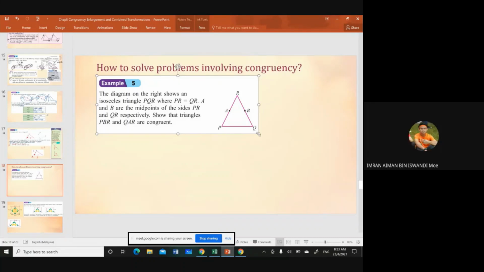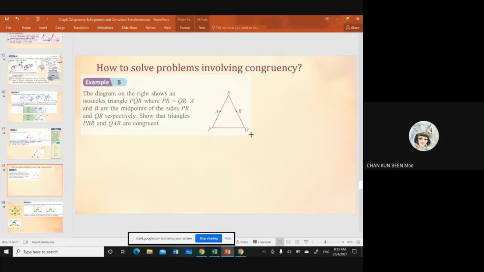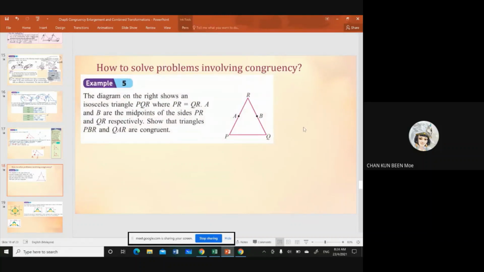Okay, thank you. So if you look at diagram 5, I make it bigger. I know your screen will be small when I show like this. Okay, we have one triangle over here only, whereby PR equal to QR. So you can look at the length over here, the PR equal to QR. A and B, these points over here, are the midpoints of the sides. Okay, and then you were asked to show that the triangles PBR and QAR are congruent.